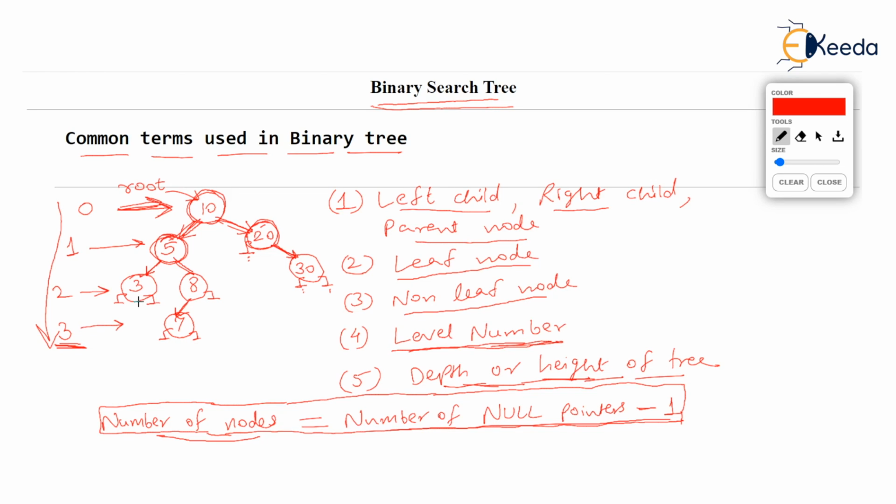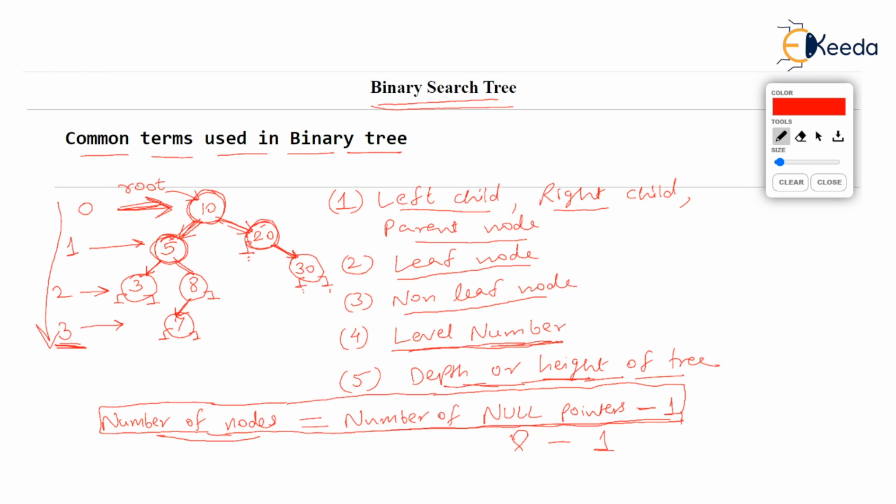I hope you have followed the mouse positions. 8 null pointers are there. So the number of null pointers in the tree which I have drawn is 8. I am saying 8 minus 1, that is 7. 7 is the number of nodes in this tree.